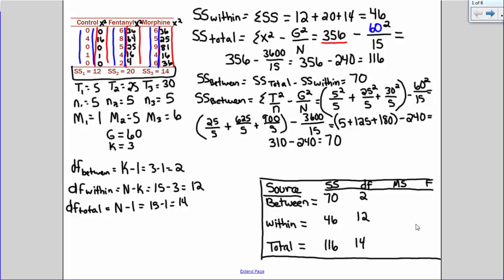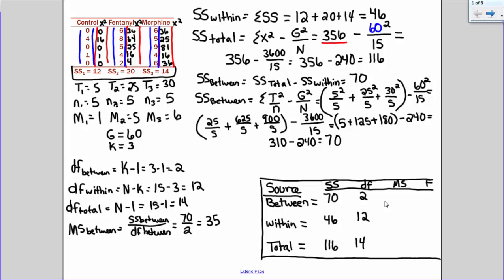Then I just take this divided by this to get this, and this divided by this to get that. So my mean squared between is equal to my sum of squares between divided by my degrees of freedom between. So I have 70 divided by 2 is 35.